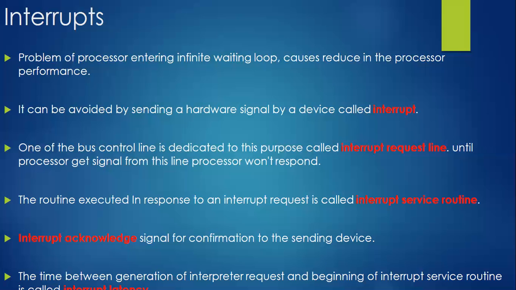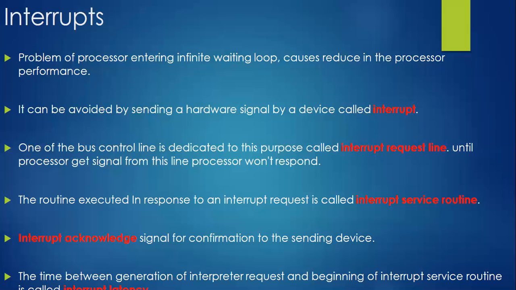That is what we call a hardware signal. One of the bus control lines is dedicated to this purpose, called the interrupt request line. You may ask how we have control, data and address lines; like that, we have one dedicated line for sending an interrupt request from devices.